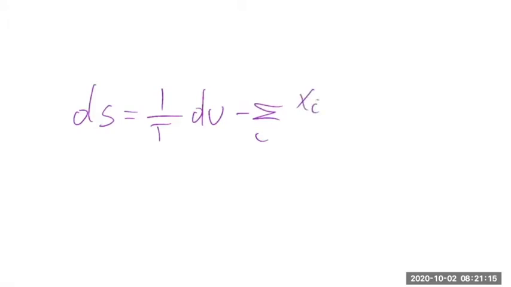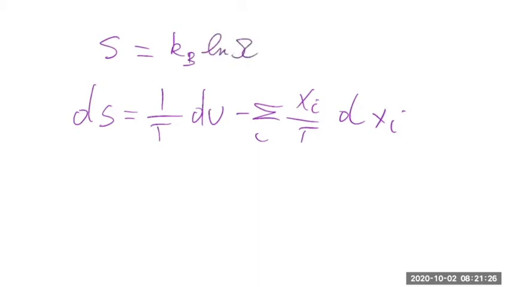Okay. So if I write thermodynamic potentials in the entropy formalism, right? I write dS is 1 over T dU minus the sum over i of ξ_i over T dX_i. And I put that together with the statistical mechanics statements of the entropy.